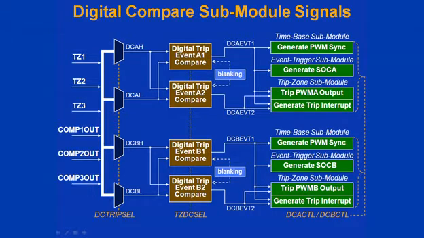This module generates compare events that can generate a PWM sync, generate an ADC start of conversion, trip a PWM output, and generate a trip interrupt. Optional blanking can be used to temporarily disable the compare action in alignment with PWM switching to eliminate noise effects.